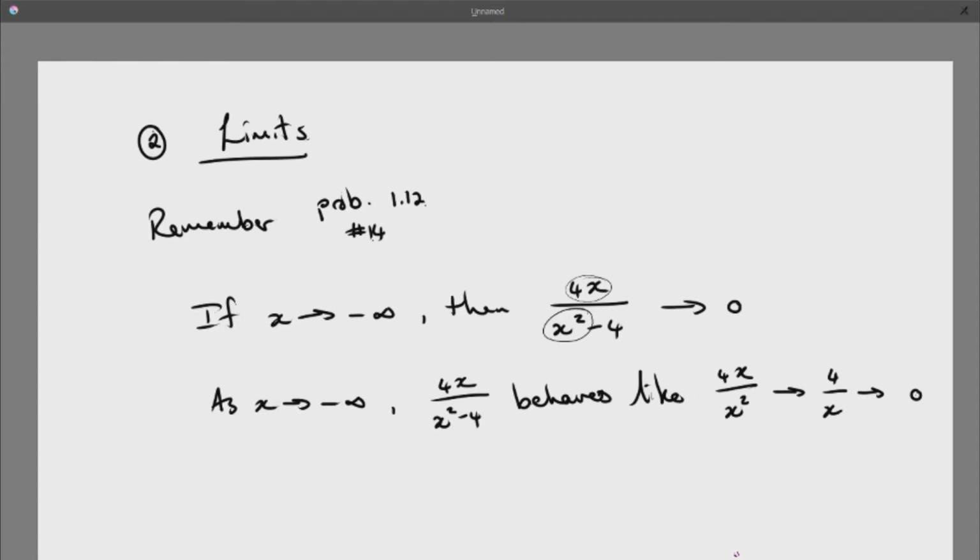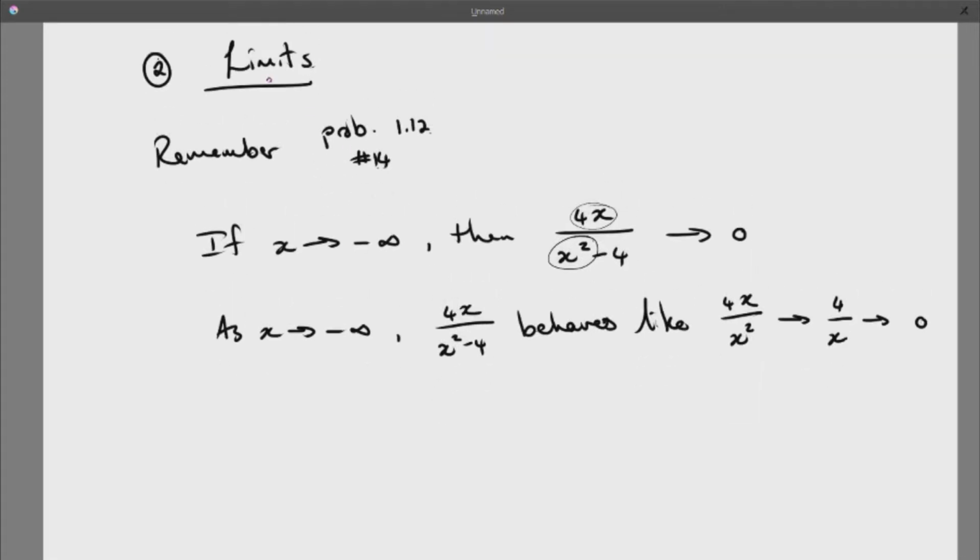The good news is that this question isn't really going to change. We are just going to write this in a more compact way. That's all. So limits is the language to help us phrase what's happening here.